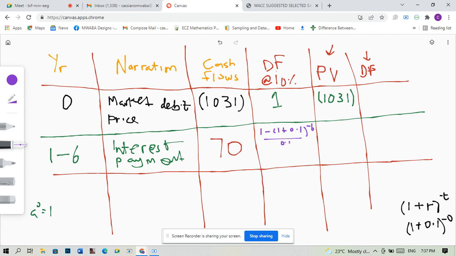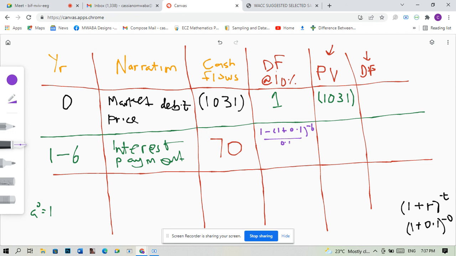Let me calculate then. 1.1 to the power negative 6 is 0.56444.